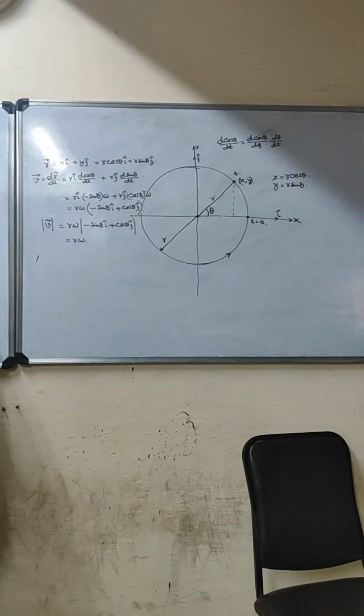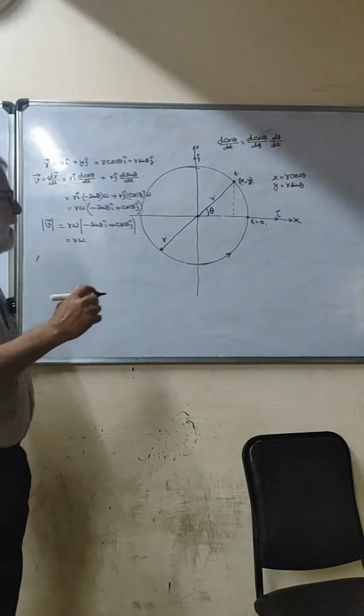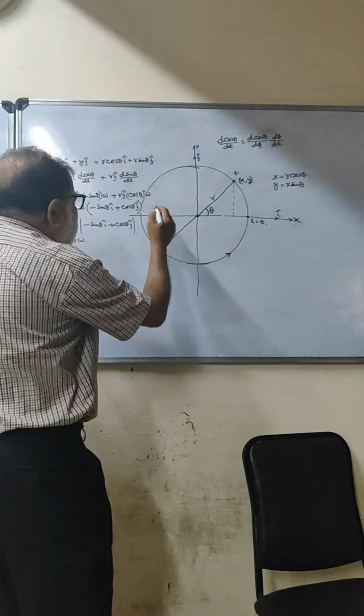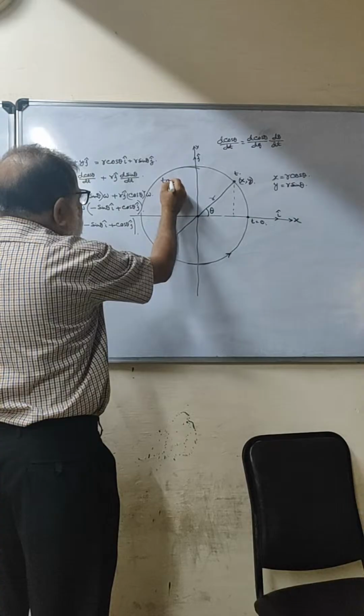If the unit vector makes an angle alpha with positive x-axis, then tan alpha is minus cot theta. Isn't it? Agree? Tan alpha is y component by x component, cos theta by minus sin theta. So tan alpha is minus cot theta. I write it here.